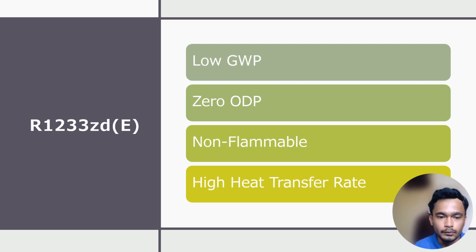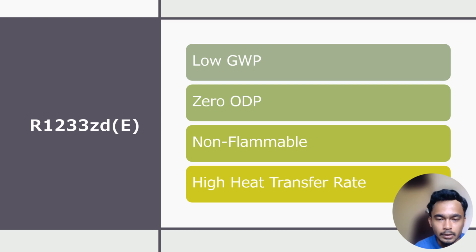This refrigerant is suitable to be used in low pressure centrifugal chillers, which are usually installed for large buildings, and it is applied for most of the chiller lineup offered by Carrier.